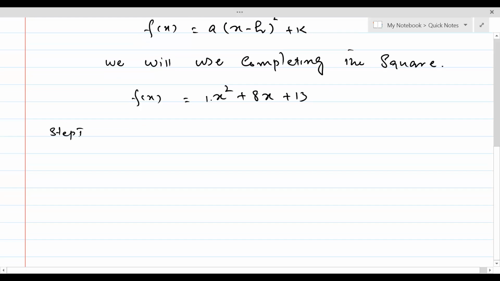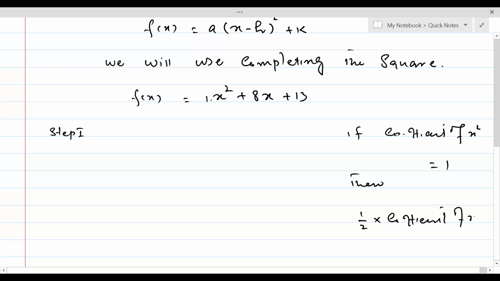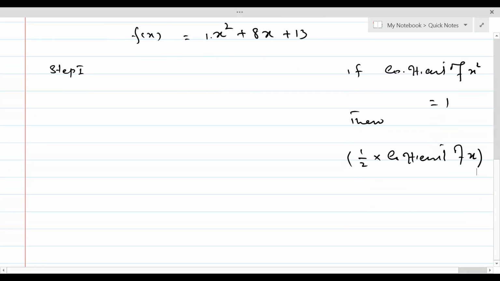Step 1, if the coefficient of x square is equal to 1, then take 1 by 2 times the coefficient of x, take its square, add and subtract.